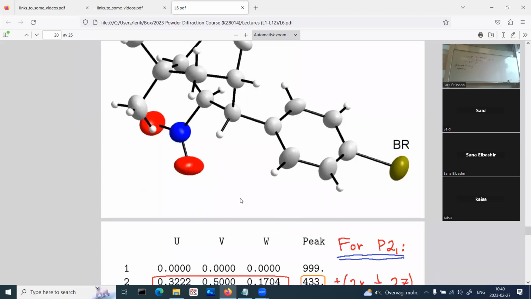You could also try to solve it directly if you have a simple structure.